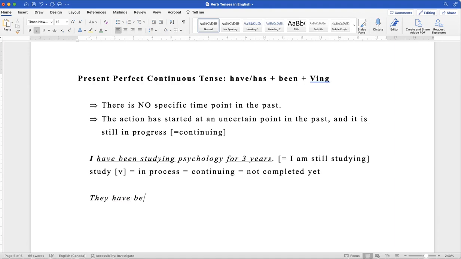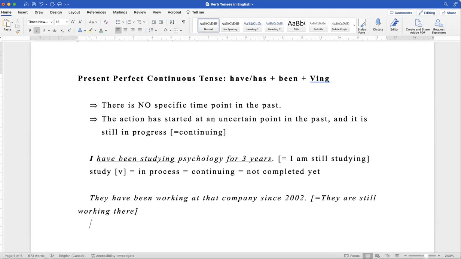They have been working at that company for more than, let's say, since 2002. This means they are still working there.